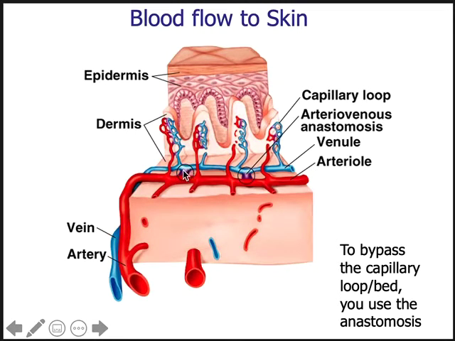So you would use some of these anastomoses to bypass, not completely, you've got to keep the tissue alive, but you will restrict quite a bit of blood. So in addition to vasoconstriction, you can also just divert some of the blood and keep it for yourself, just straight from the artery back into the vein. I know, seems weird, right?